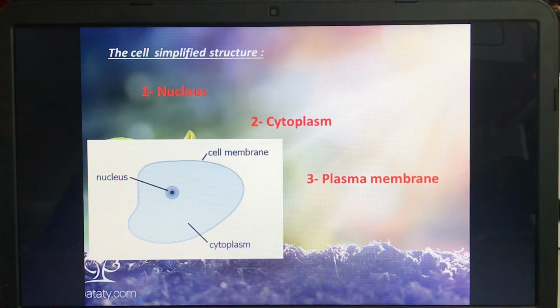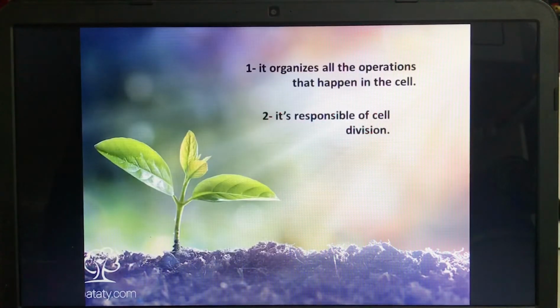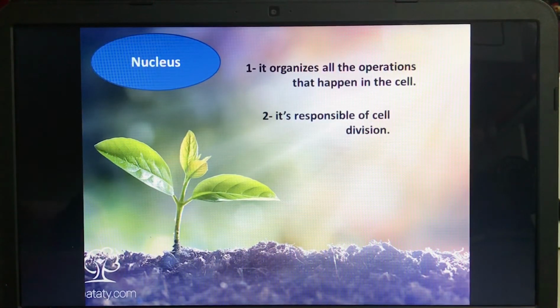Okay, each one of them has 2 functions. Do you remember when we said before functions means jobs? So each one of them has 2 functions or 2 jobs. First, we will talk about nucleus. Nucleus has 2 functions.